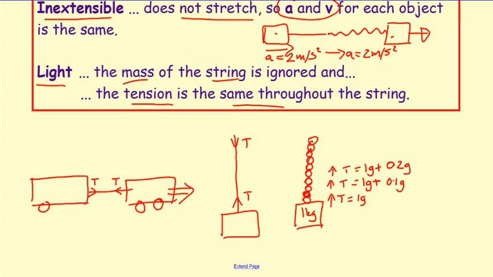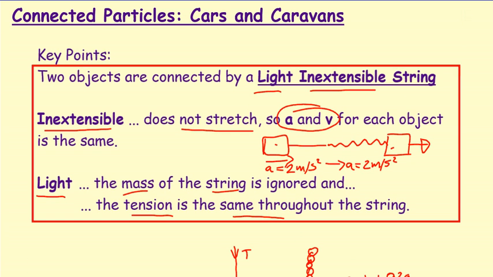The trailer is trying to slow down the car because it's connected to the car, and the car will feel the pull of it pulling it backwards as air resistance holds it back. And then the trailer will feel the pull of the car trying to pull it forwards. But those two forces are equal and opposite according to Newton's third law.